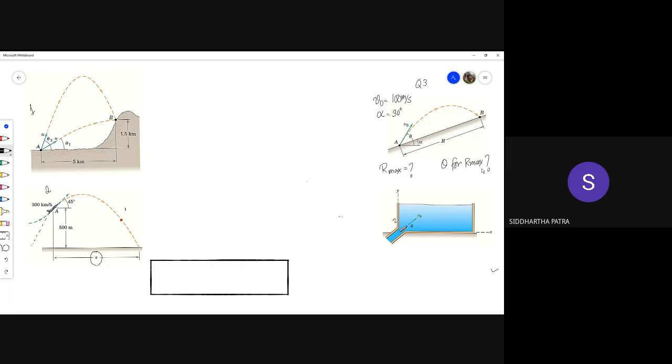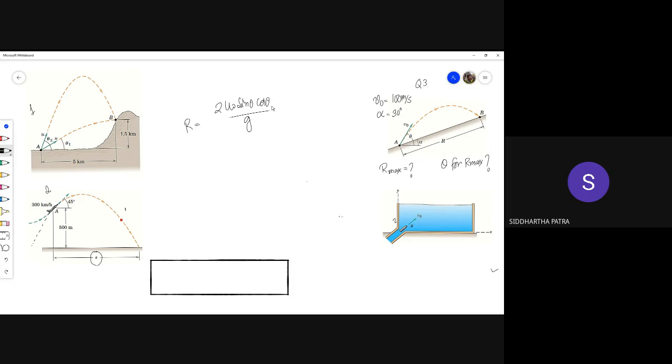Of course the range is a function of theta. The question is, what theta would give you the maximum R and what is that maximum R? Basically, these two are the questions. And I can tell you that at least half of you are still thinking in terms of twice u0 sine theta cos theta divided by g.